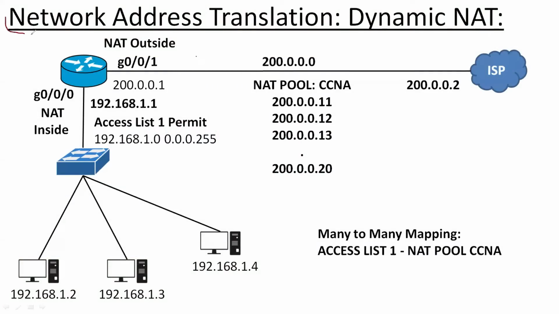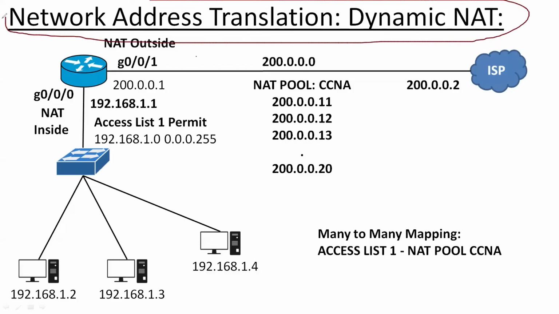And today our topic is network address translation, by dynamic network address translation. In dynamic network address translation, basically we map a group of IP addresses, like we create a pool of IP addresses, and that will be mapped with what?